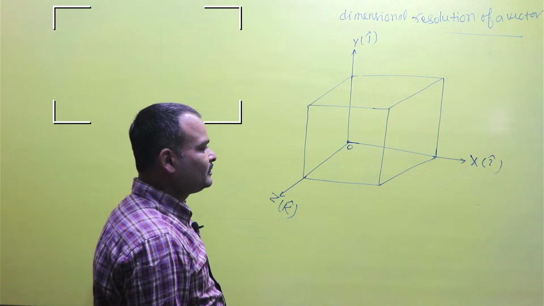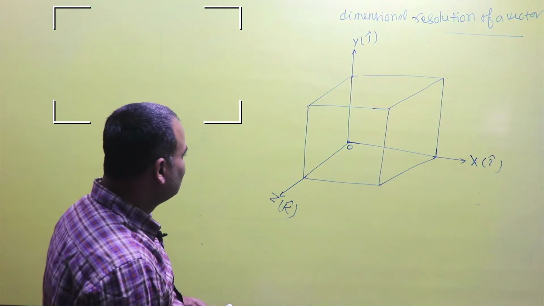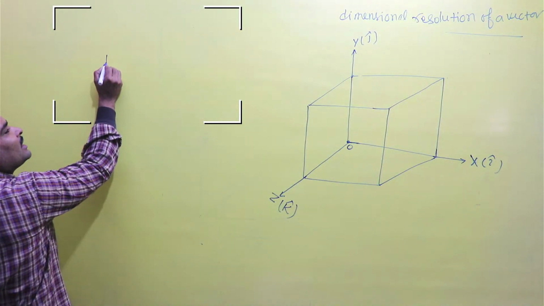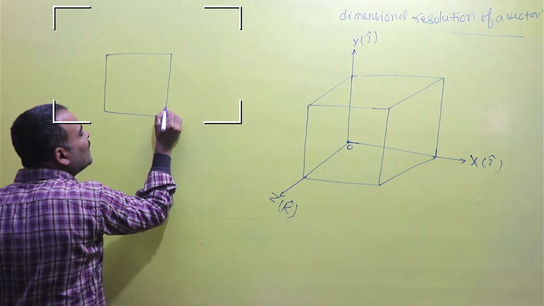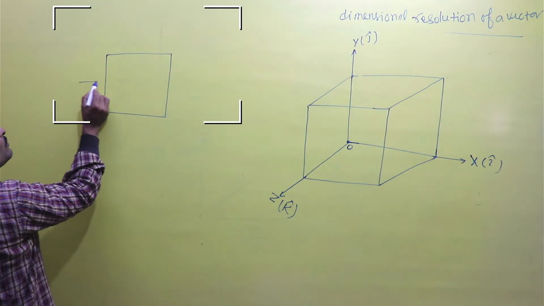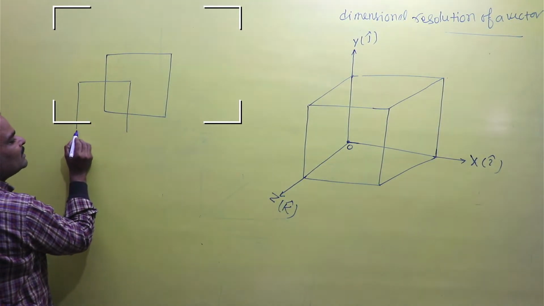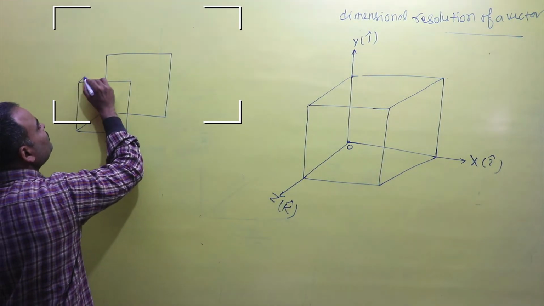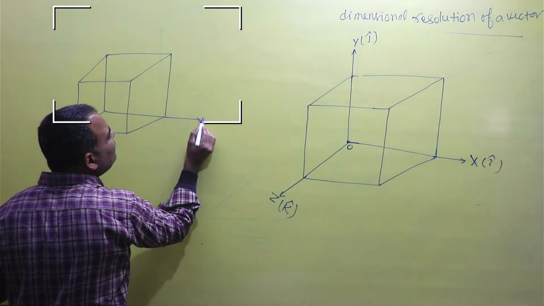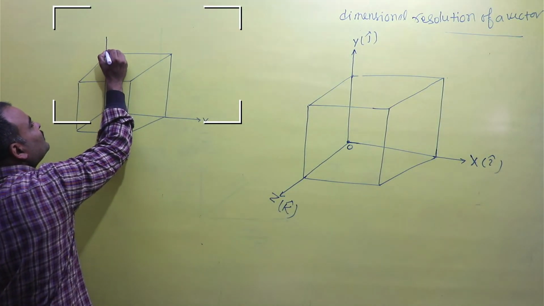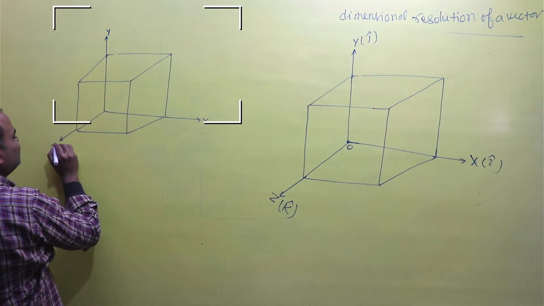So now we can show the three axes in the figure. And now we also make a figure to understand the components of vector r along the x, y and z components. This is x axis, this is y axis and this is z axis.